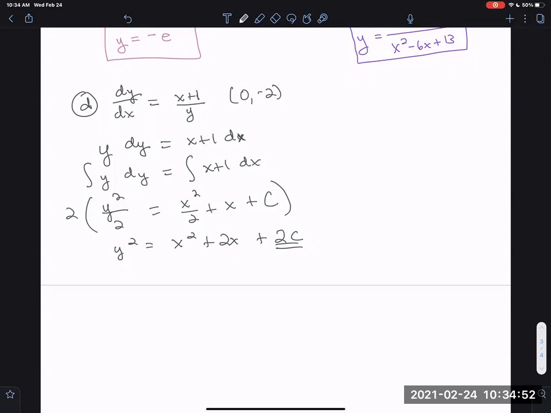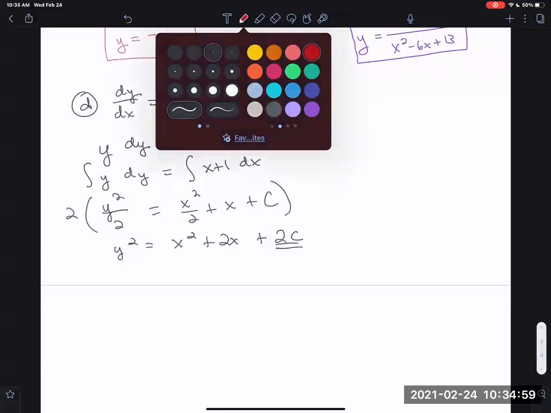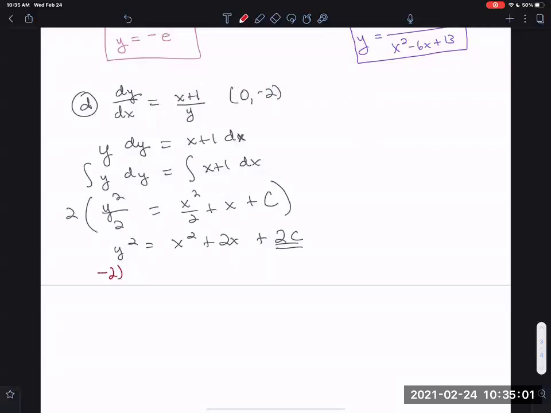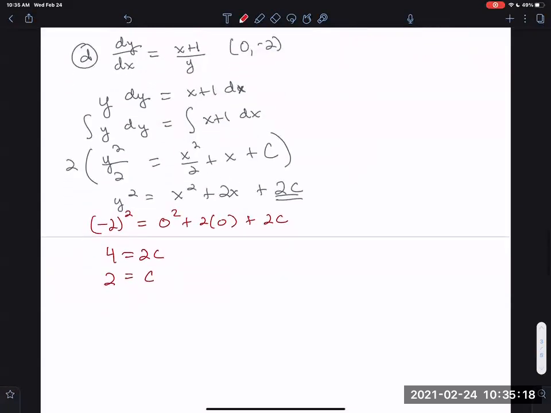Maybe what I want to do right now is actually plug in (0, negative 2) and see what happens. Okay, so let's do that. So I've got negative 2 squared equals 0 squared plus 2 times 0 plus 2 times c, which would give me 4 equals 2c. C is 2. Okay.